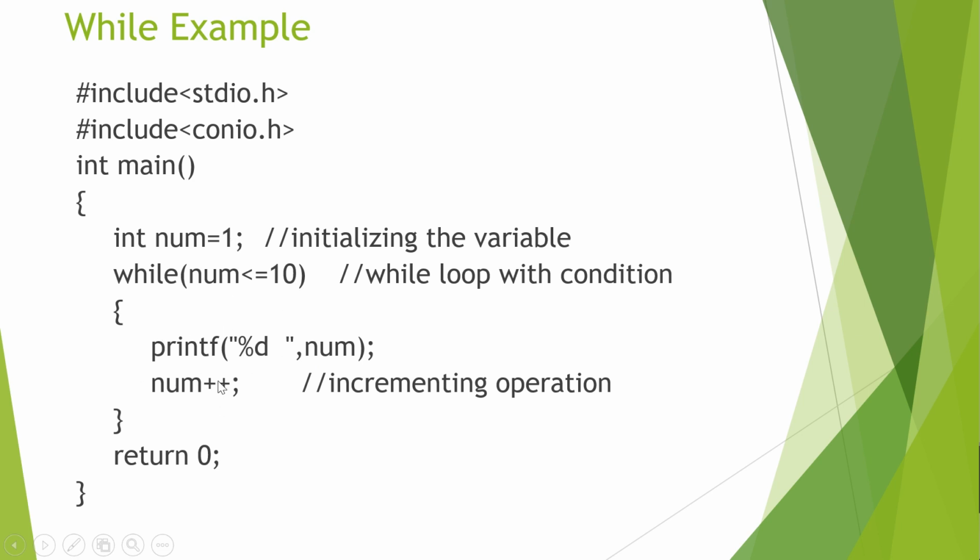Then num is incremented by 1, it will be 2, 2 is still smaller than 10, 2 will be printed, and it will run until num gets to 11. Now when the value of num is 11, this condition will become false, and the moment it becomes false, it will come here after the closing curly brace, and this statement will execute. So the output will be 1 2 3 4 5 6 7 8 9 10.